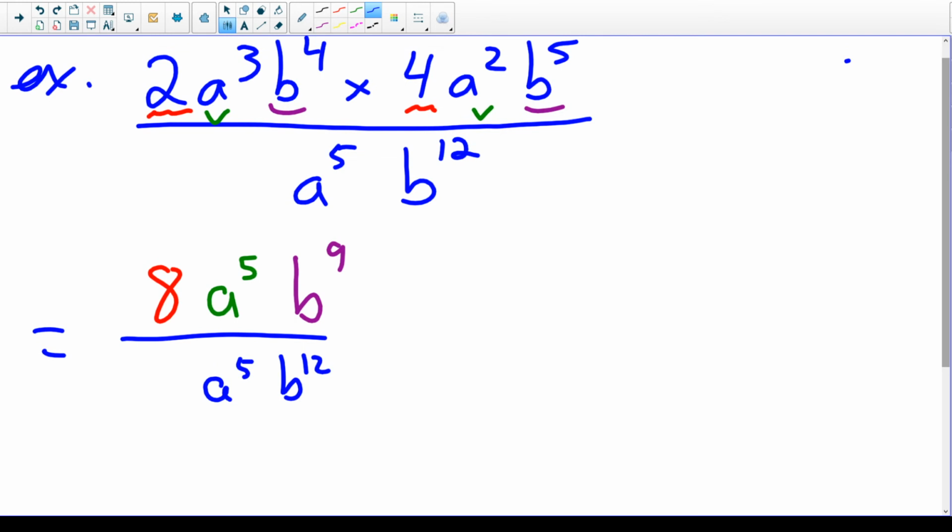So I'm going to pause there for a second, let everybody digest that a little bit. So the first step when you have a larger question like this is to analyze just the top and separately analyze the bottom. Is there anything we can simplify in just the top and anything we can simplify in just the bottom?